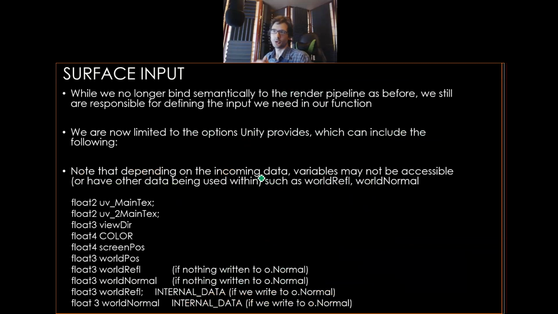So while we can't bind semantically anymore, we still need to inform Unity what data we want into our function. Okay, you could pass everything, but that's not efficient. So instead, we specify with our own struct from a collection of variables Unity gives us. And that collection is down here.